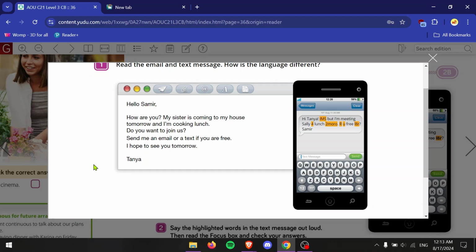First thing that is very obvious is the way it is written. This is a lot more formal and punctual as opposed to whatever this abomination is. There's a lot of slang going on here, and there's a lot of texting lingo, for lack of a better term, that is being used.